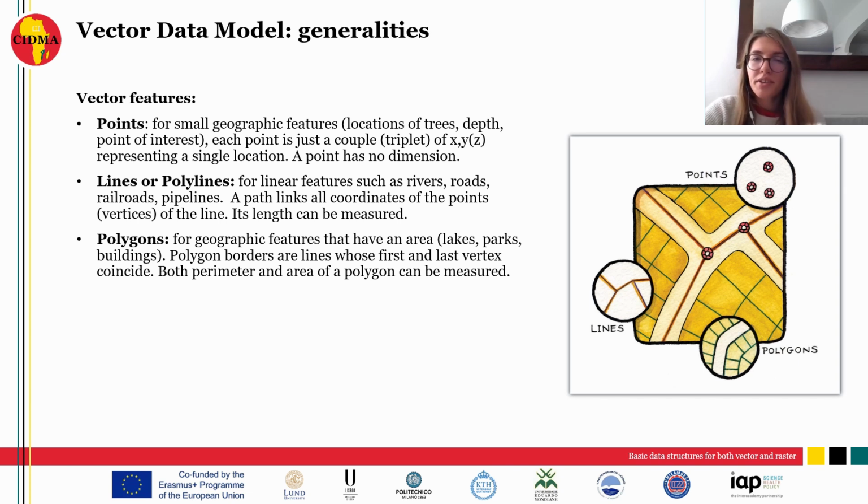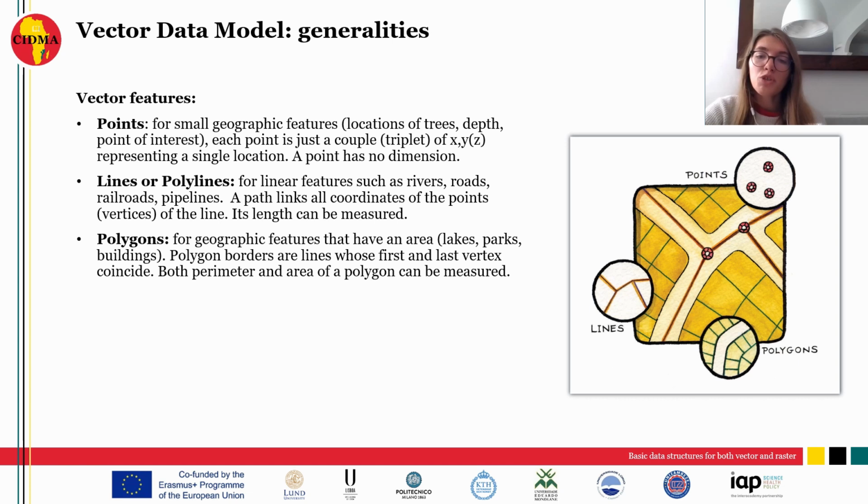As you can see here in our example, points represent the roundabouts of streets, lines represent the streets, and polygons the neighborhoods. Therefore, from this example, you can see that points tend to represent small geographic features, as could be location of trees, depth, points of interest, and so on.